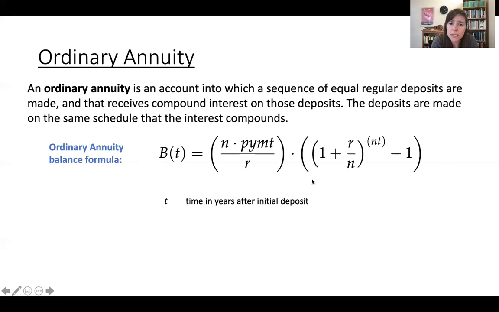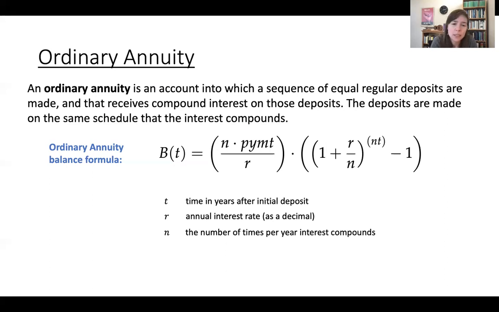B of T is the balance at time T, and it is equal to this expression. T shows up in the exponent here, and that's time in years after the initial deposit. That's the same as what we saw in chapter 12. R is the annual interest rate as a decimal, again the same as in chapter 12. N is the number of times per year interest compounds, exactly the same as before.